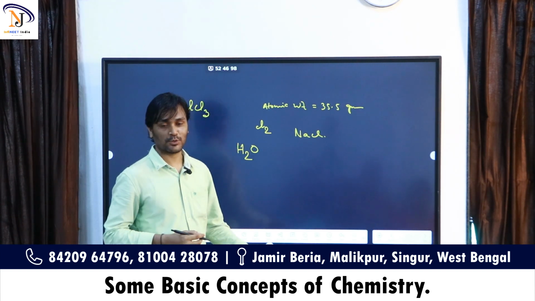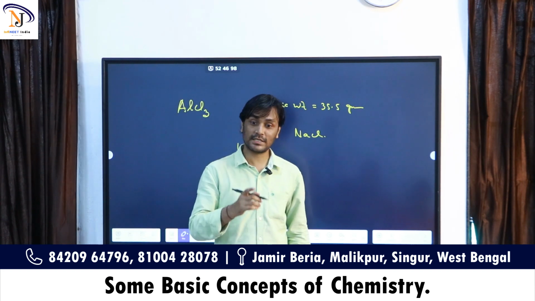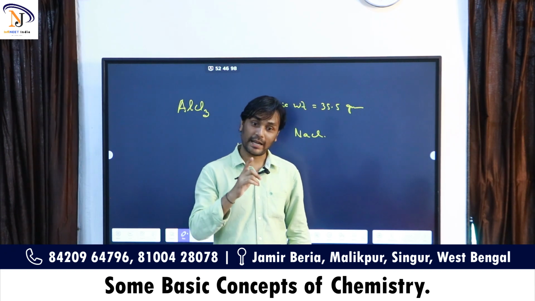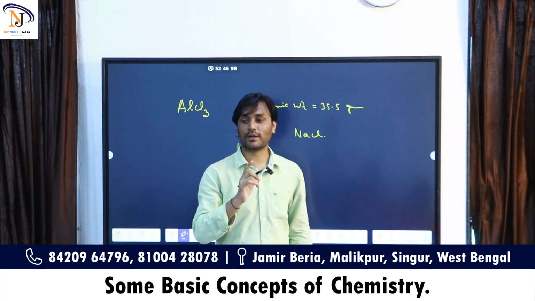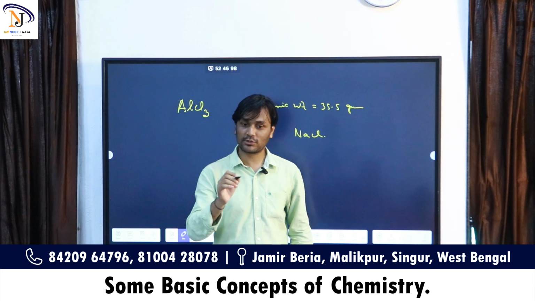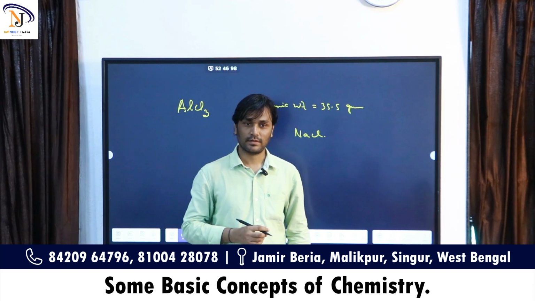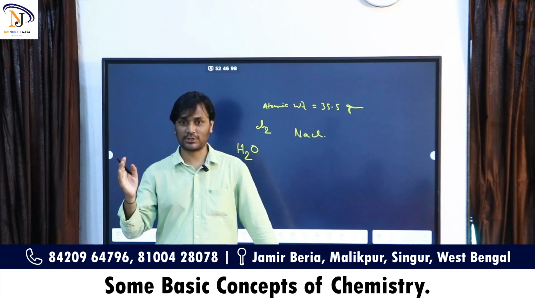This is another method to obtain your required valency. You have to write the electronic configuration, and from the electronic configuration you count the valence shell electrons.